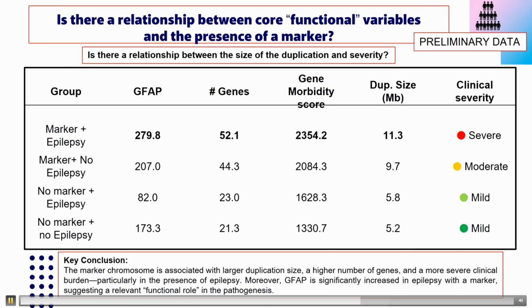We can say that the marker chromosome is associated with larger duplication size, a higher number of genes, and a more severe clinical burden, particularly in the presence of epilepsy. Moreover, GFAP is significantly increased in epilepsy with a marker, suggesting a relevant functional role in the pathogenesis.